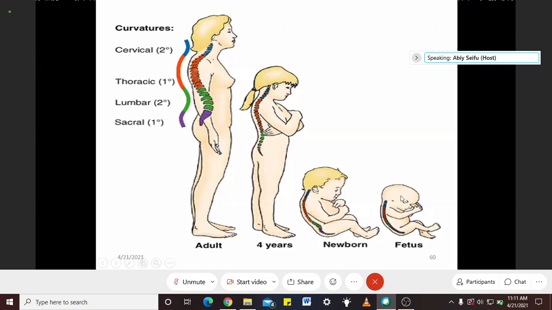So the position of the fetus is like this, in a flexed position.